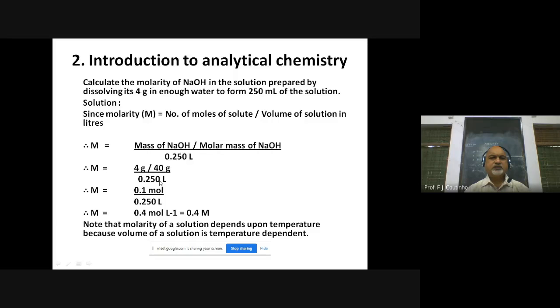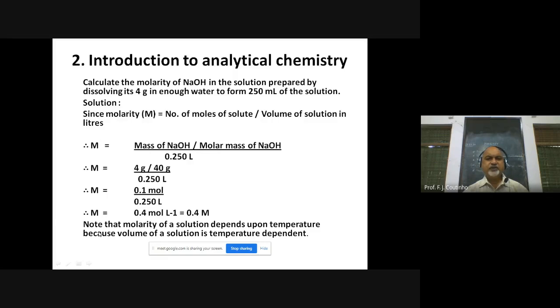Upon 0.250 liter of the solution. So on division of 0.1 upon 0.250, I get 0.4 molar, that is 0.4 mol L raised to minus 1. So the molarity of this solution is 0.4 molar.